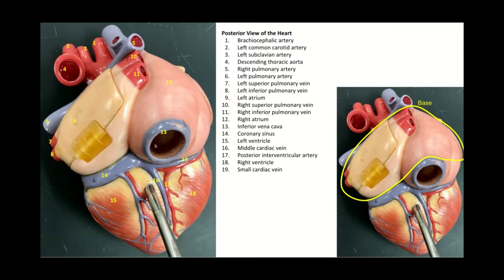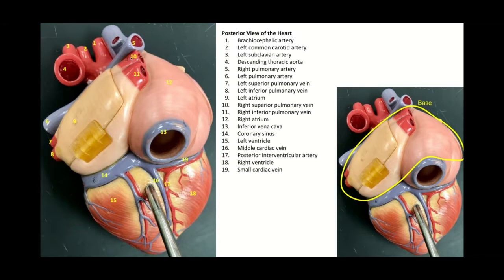The other thing which you have here is the left atrium, and the left atrium can receive oxygenated blood from pulmonary veins. I introduced the superior and inferior left pulmonary veins to you before.